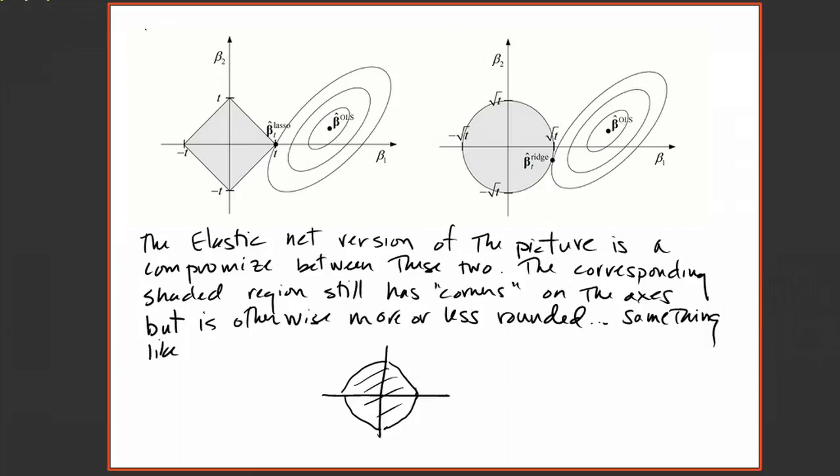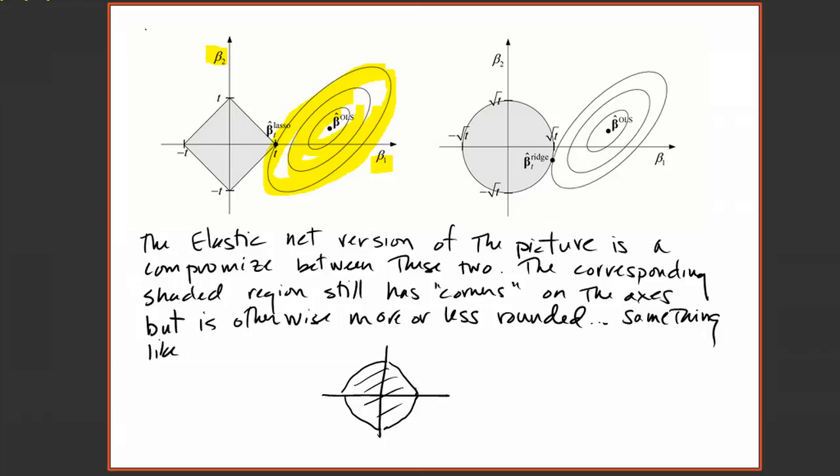So we're thinking here of a p equal to 2 case, that is two predictors. So there's a beta 1 and there's a beta 2, and this is a contour plot for the error sum of squares.